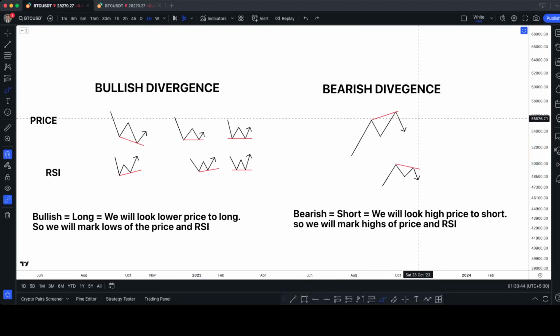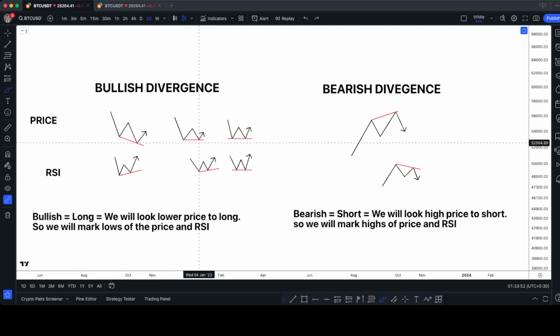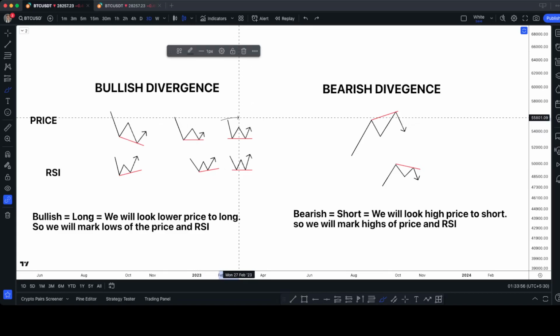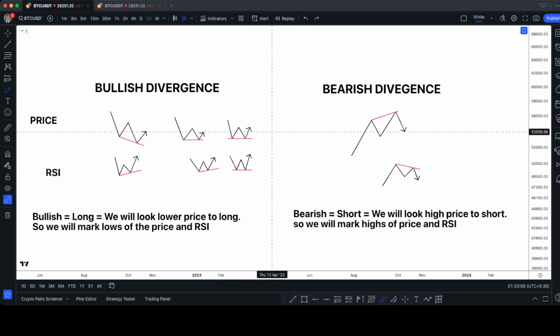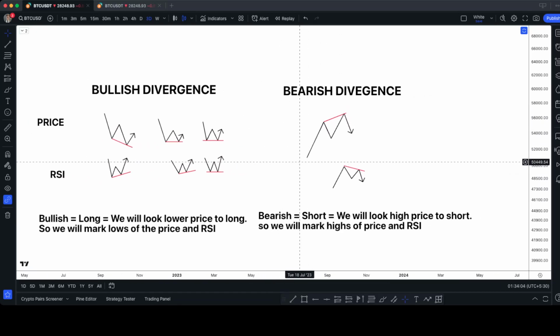If I trade RSI, I'll be looking for these two as well. But still these work as well. So let's say the price is making double bottom and the RSI is still high, so also a bullish divergence, and if both are making double top, then this is also a bullish divergence. Same goes with the bearish divergence as well.